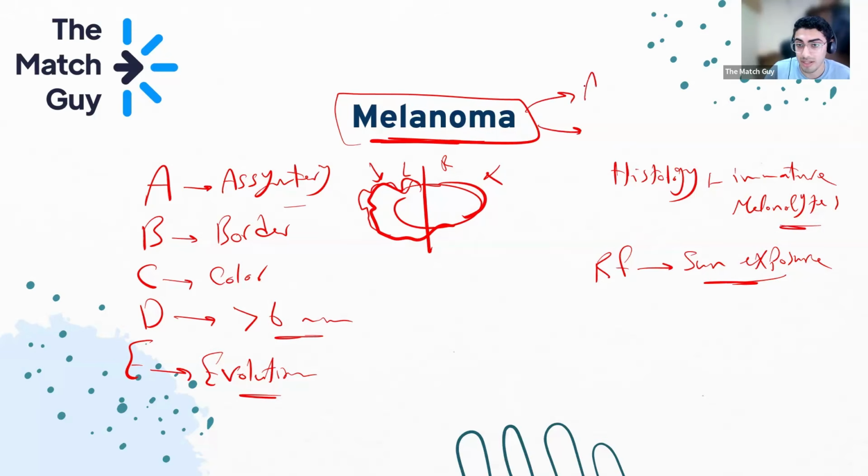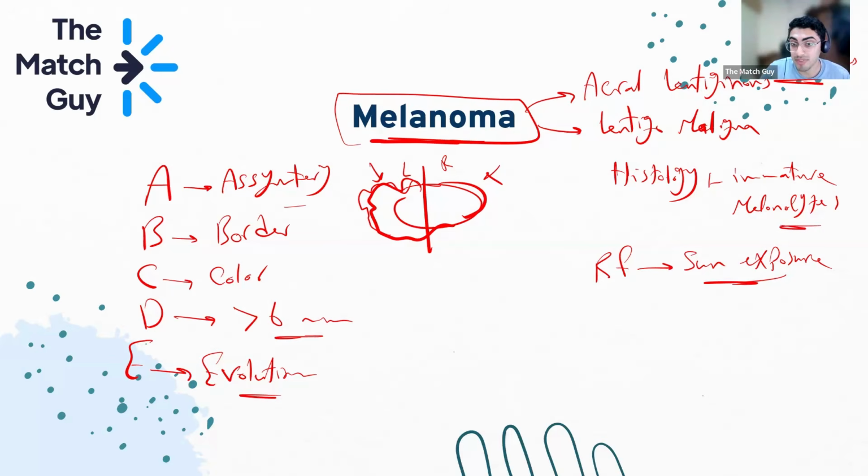The first type is called acral lentiginous, and the second is called lentigo maligna. Acral lentiginous is a melanoma that arises in the palms and soles. Palms and soles are not exposed to the sun, guys, so acral lentiginous is not associated with sun exposure.